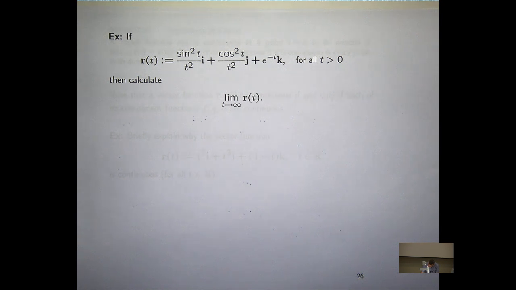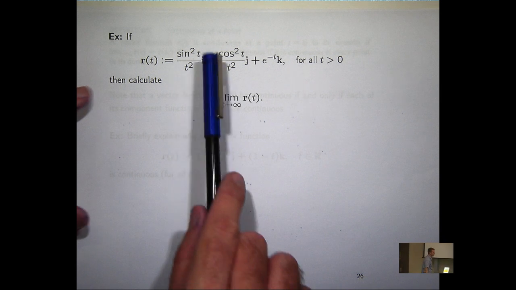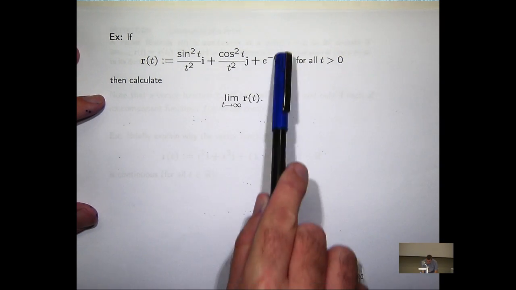Let's consider this vector valued function, and the limit this time as t approaches positive infinity. Okay. So let's consider the component functions.